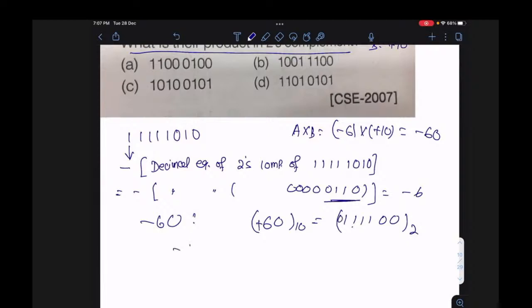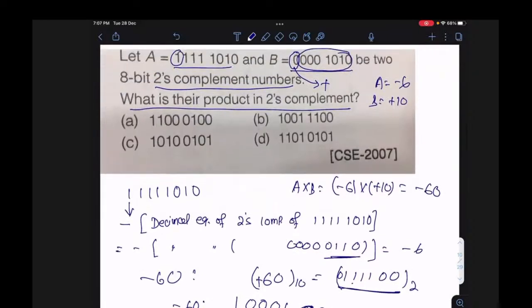And for minus 60, you have to take the 2's complement of these bits. If you take the 2's complement, the answer is 1,000,000, 1,000. This is the answer. Some of you have doubts, sir.